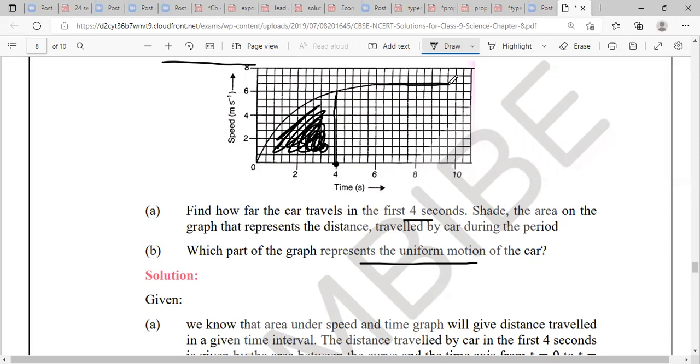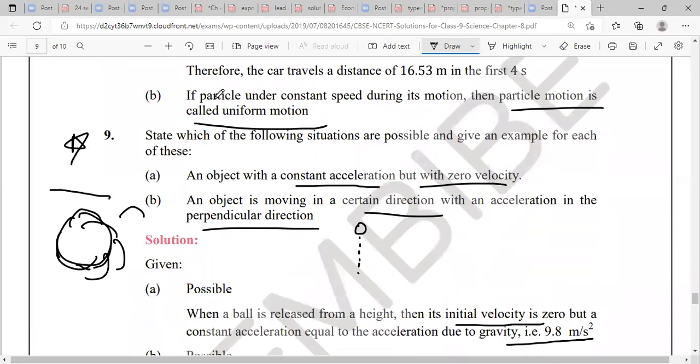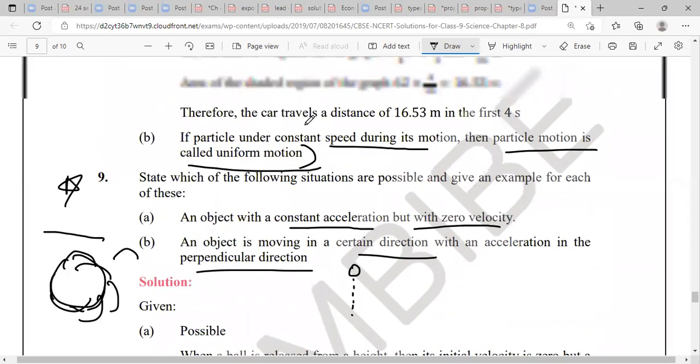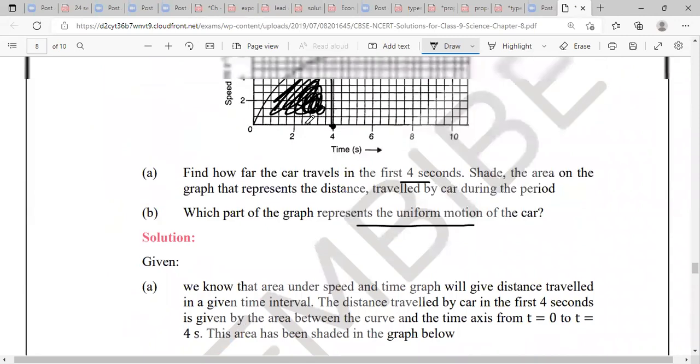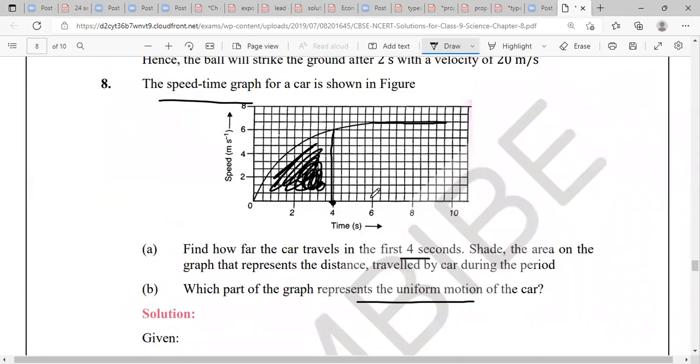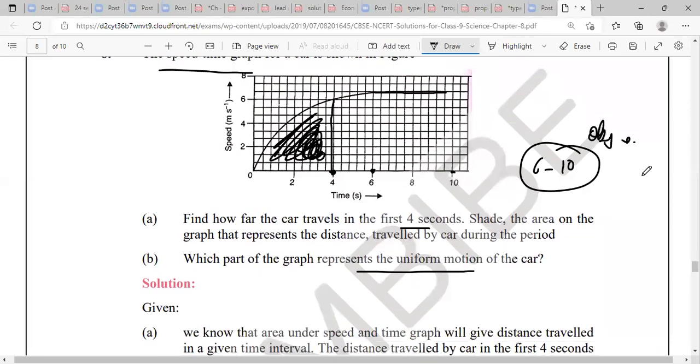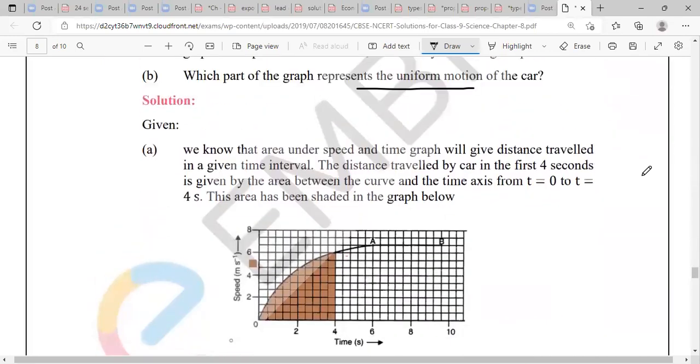So this is uniform motion, right? Clear? So from 6 to 10, the object was moving at a uniform speed. Clear? Yes. Okay.